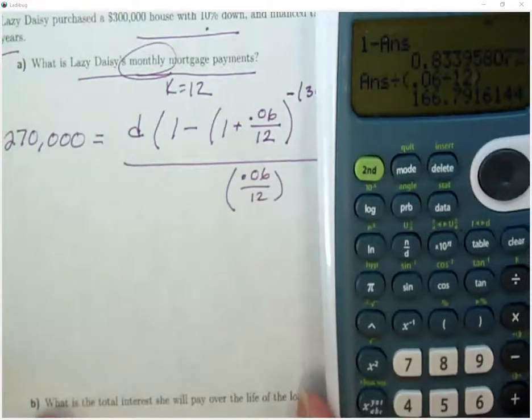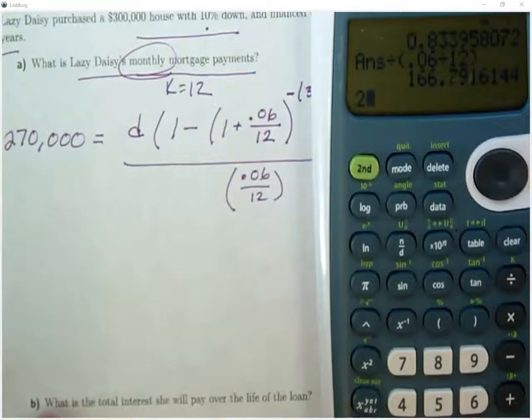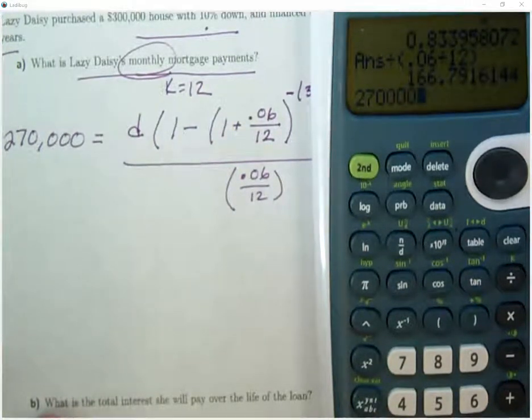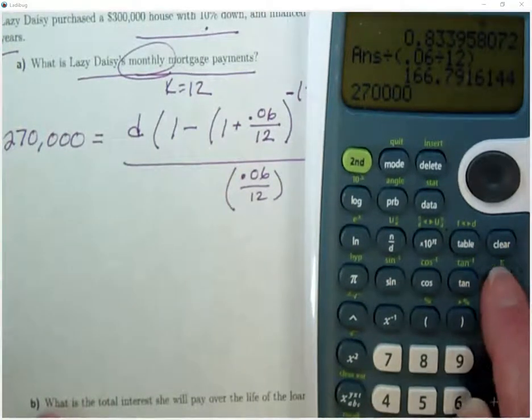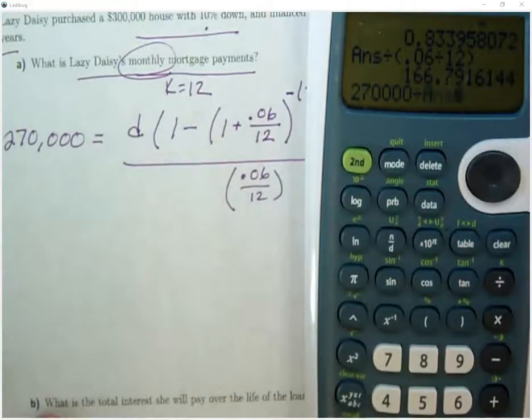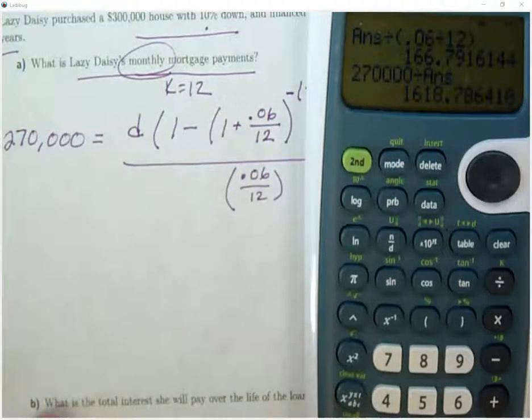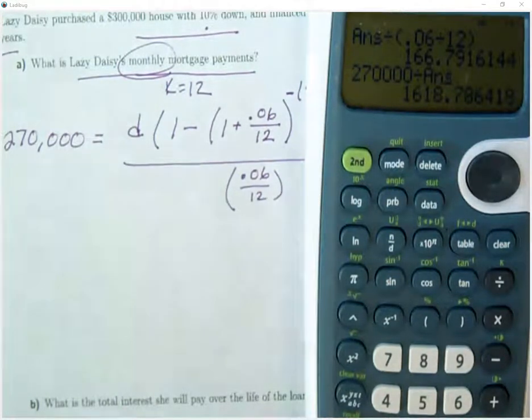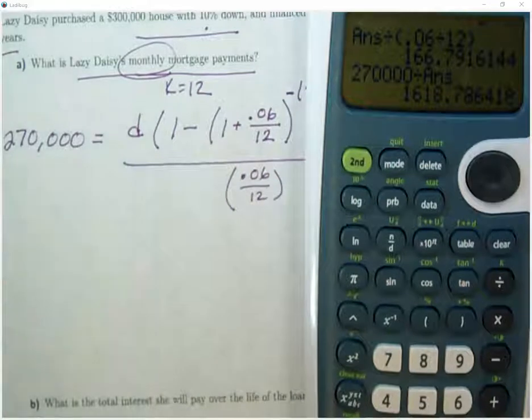So I'm just going to go ahead and type in the 270,000. Double check. Divided by second answer. See how I'm not rounding. And I get this $1,600.18, $1,600.118.79 is what we'll round to.